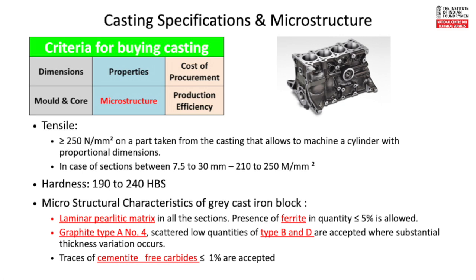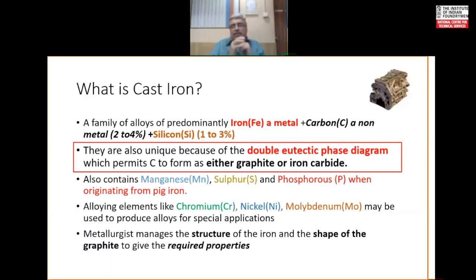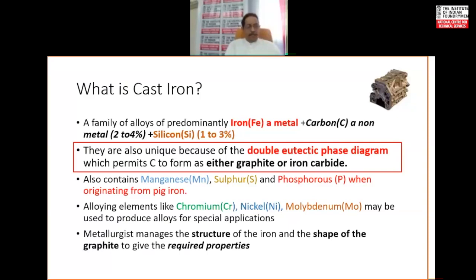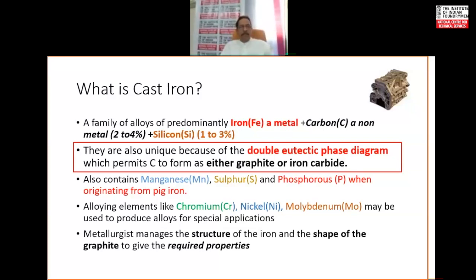That's where I go back to this slide, that what is cast iron. While all of you are familiar with this, what I would like to highlight from the inoculation point of view is that it is unique because it has got a double phase diagram. So it permits carbon to form either graphite or it can come out as iron carbide, Fe3C.